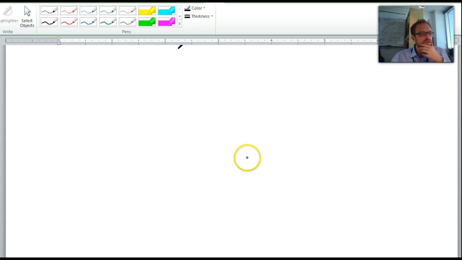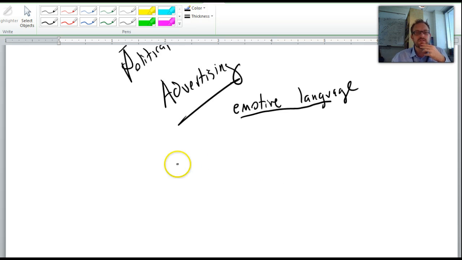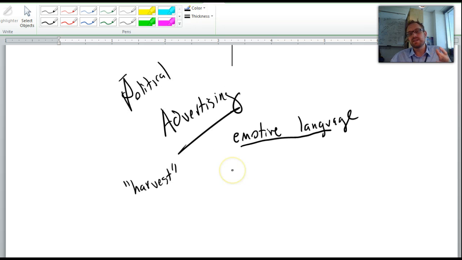One example would be the word harvest. For instance, in medical ethics, when a patient dies in a hospital and the hospital would like to ask for organ donation, or if someone does donate their organs upon their death for organ transplantation purposes, the way they refer to it is a harvest.